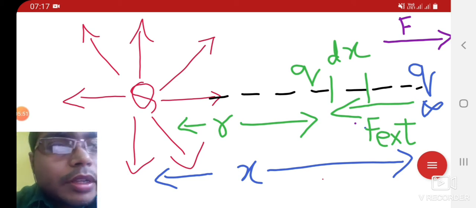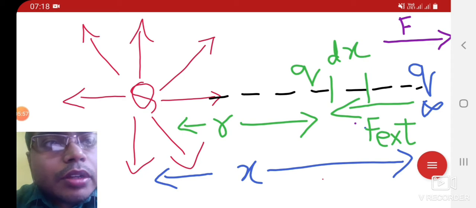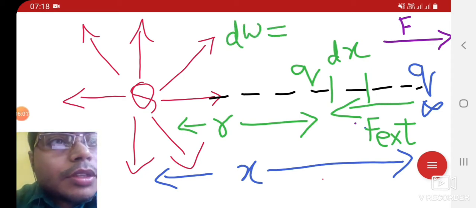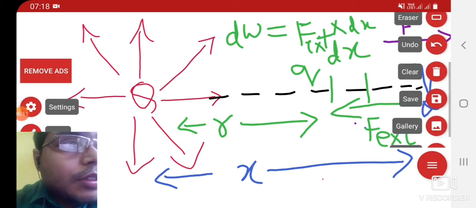So what will be the expression for the work done? Since the displacement is very small, the work done will also be very small. So that will be denoted by dW is equal to F external multiplied by dx, right? This will be the work done. So this I will write on a new page.